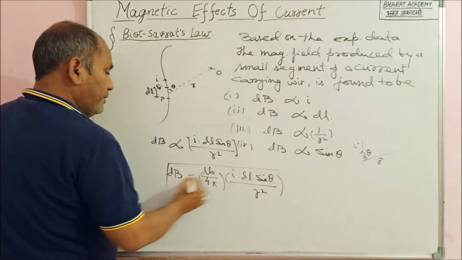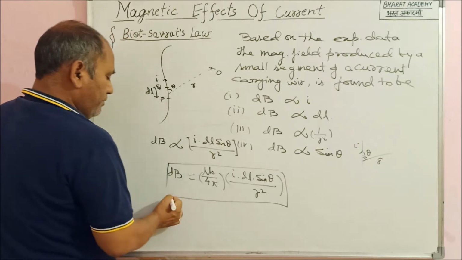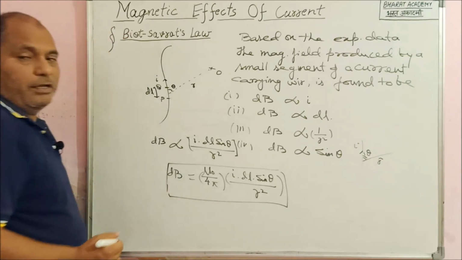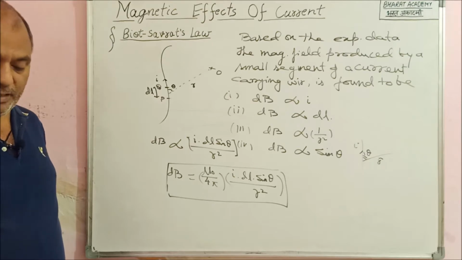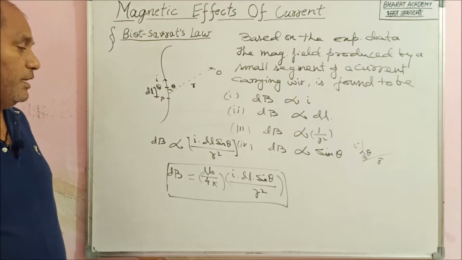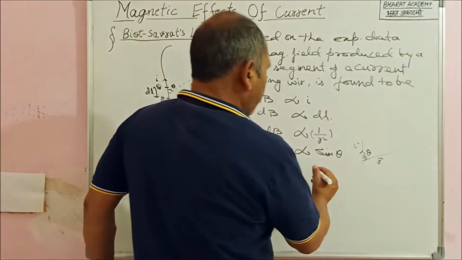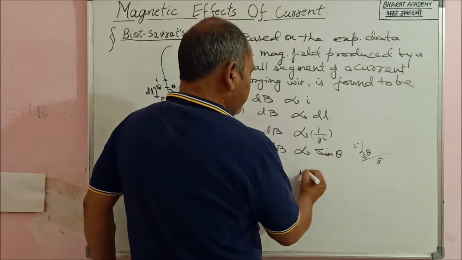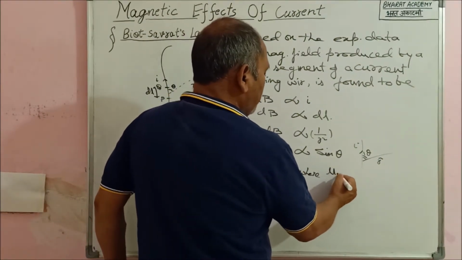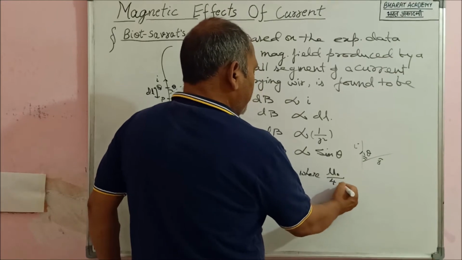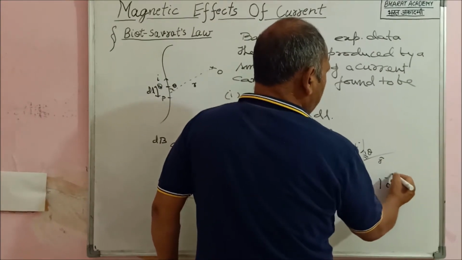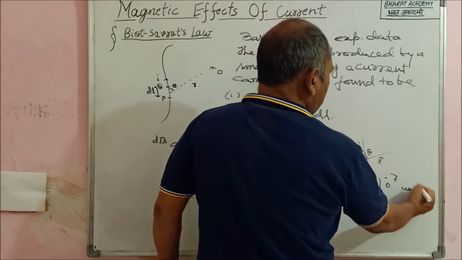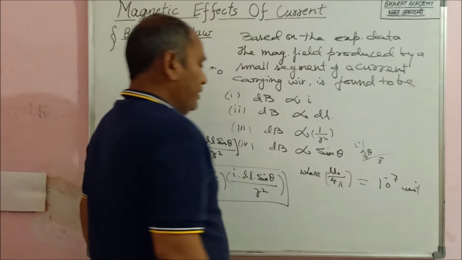This is the Biot-Savart's law, the magnetic field produced by a small segment of a current carrying wire, right? This mu 0 by 4 pi has got a fixed value of 10 to the power minus 7 units. We will calculate the unit, right?